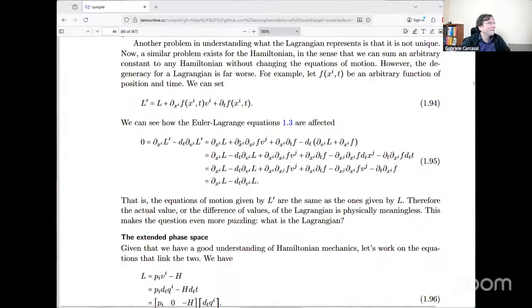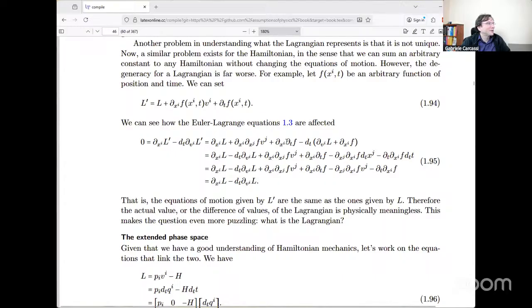And now you have the different partial derivative with the f's, and then there is the total derivative in time with the original thing and the f as well. And let's see if I can reconstruct the trick. So you take these two parts and you get the original equation, right?